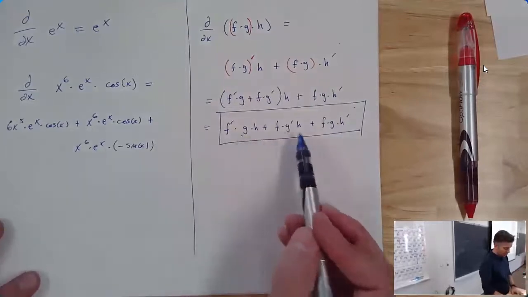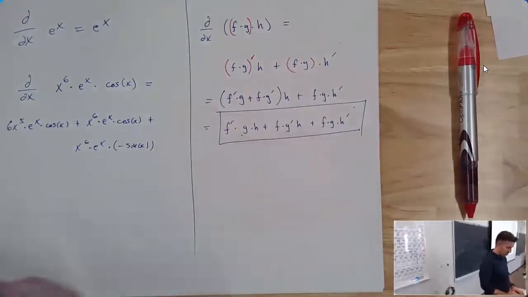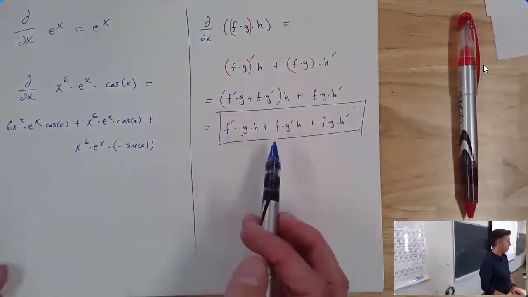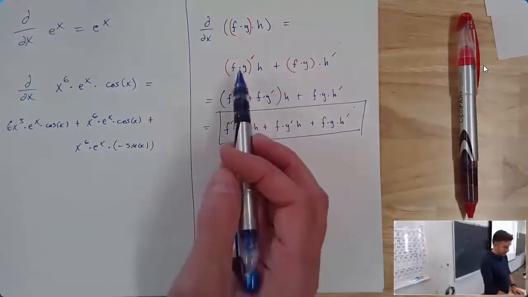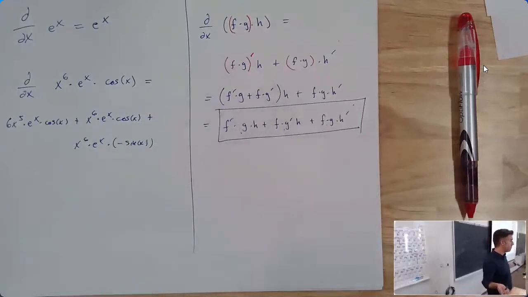I'm going to get 1, 2, 3 pieces, and each piece has one derivative, and the other things are not derivatives. Each piece gets its derivative taken one time.